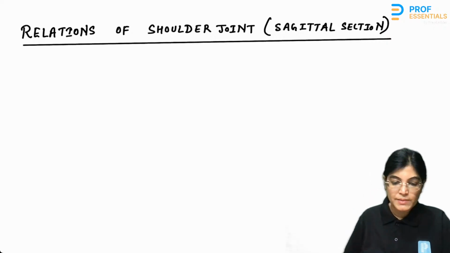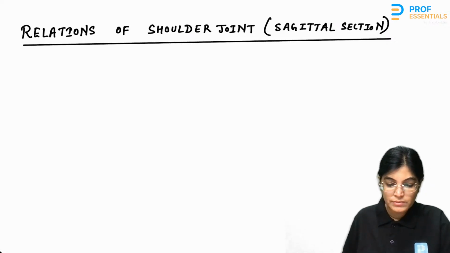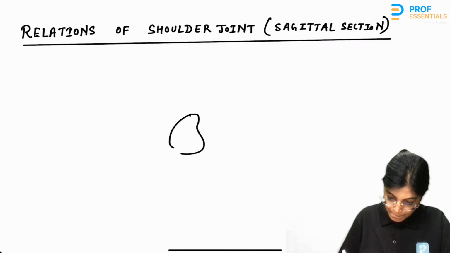A section has been taken. We will first draw the glenoid fossa, this shallow cavity. G for the glenoid fossa.